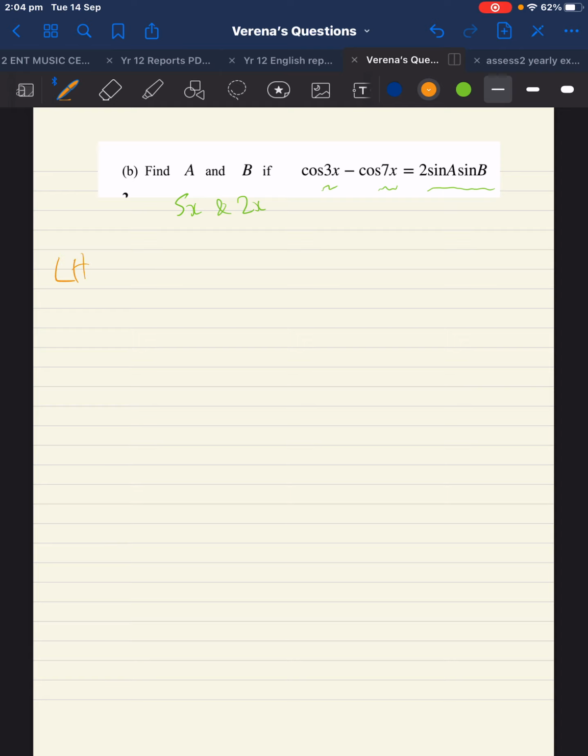So I said, well, left-hand side is equal to this. And what I did was, using this 5 and 2 idea, so I can turn this into sum and difference results, I replaced 3x with 5x take away 2x.